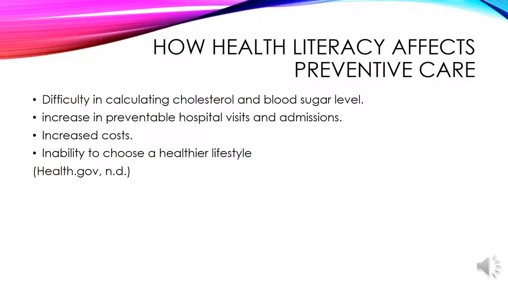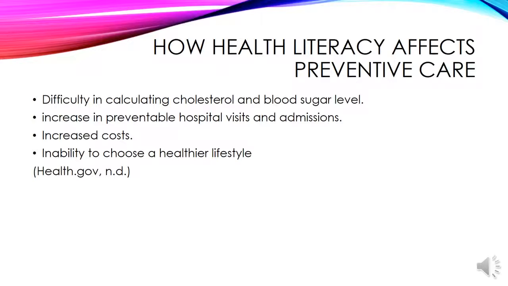So when someone wants to prevent it, and they are illiterate in health terms, they won't be able to calculate it. One of the skills for one to be health literate is numeracy. By this I mean calculating things mathematically.